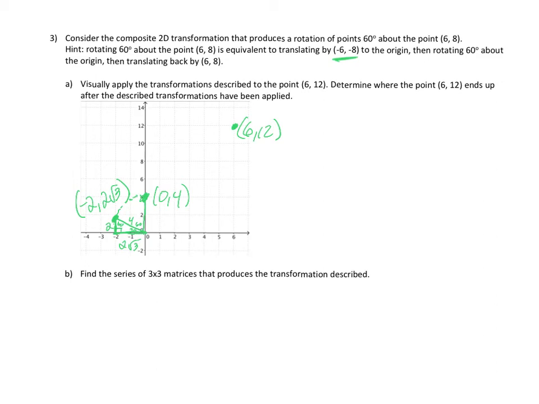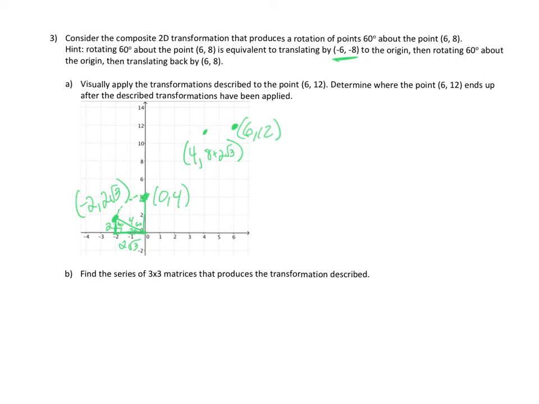Okay, so 2 root 3 is about 3.5. And I have to move that up 8. So I get 11.5-ish. So I'm going to get 4, 11.5. And if I want to be exact, it is 8 plus 2 root 3 is the y coordinate.